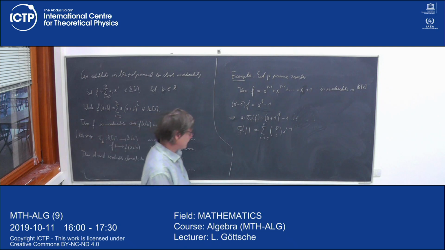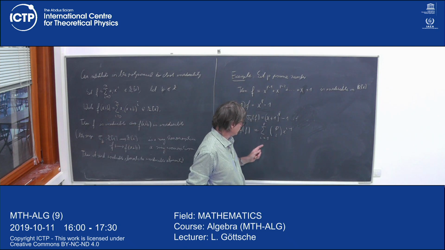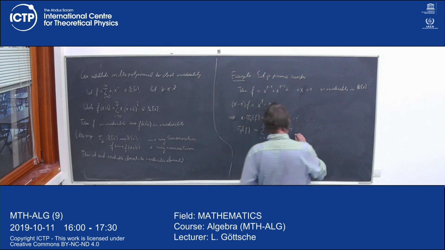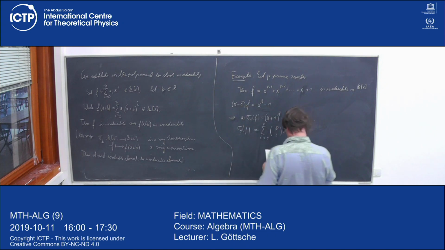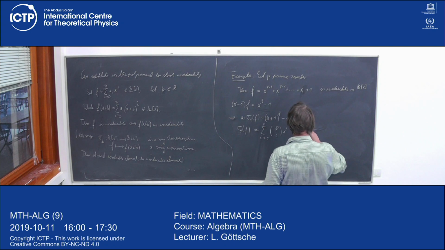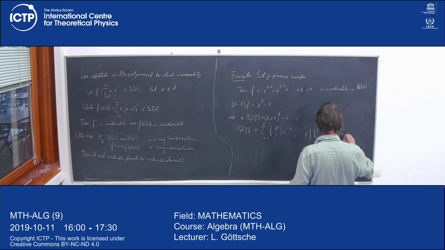Now it's standard that for a binomial coefficient with p a prime number, p choose i, when i is different from p, is divisible by p. And obviously p choose p is equal to 1. So p divides p choose i for i from 1 to p minus 1.